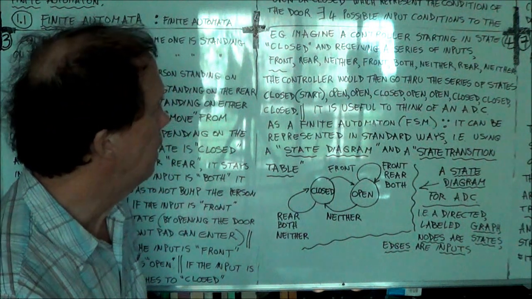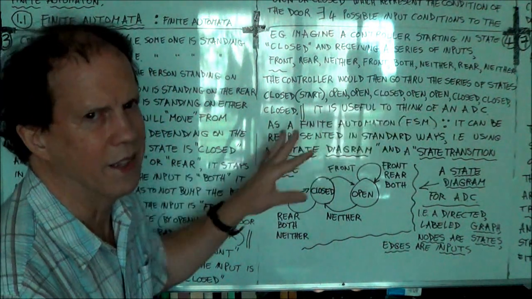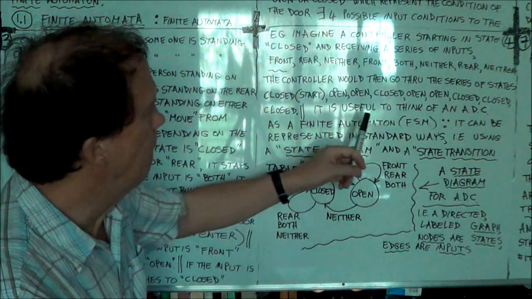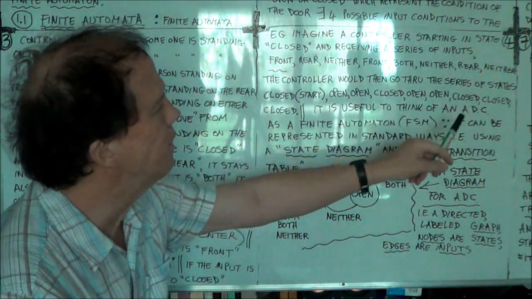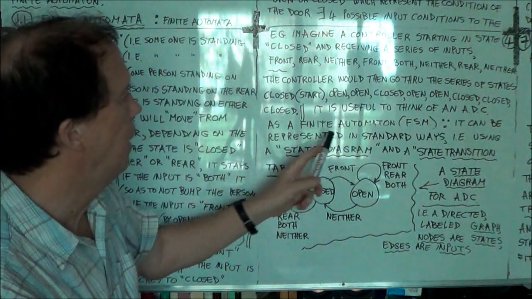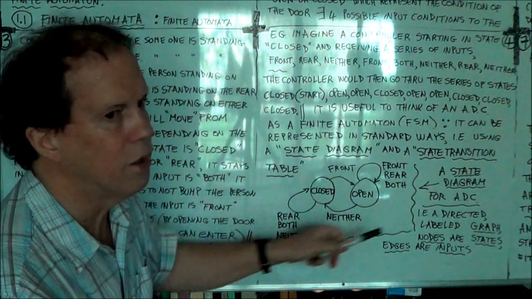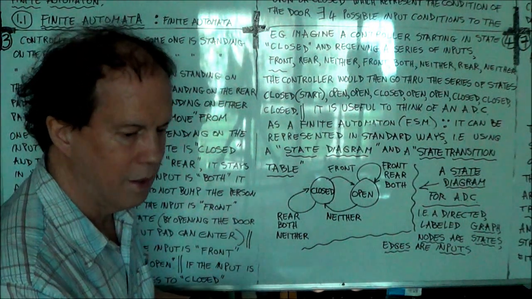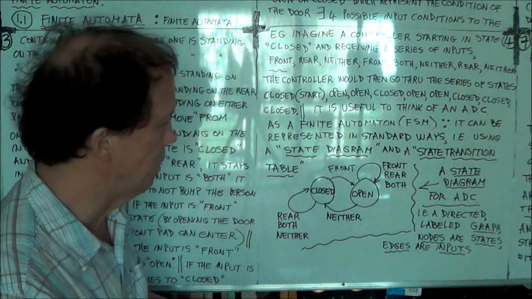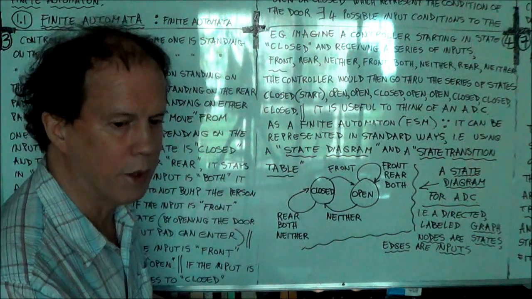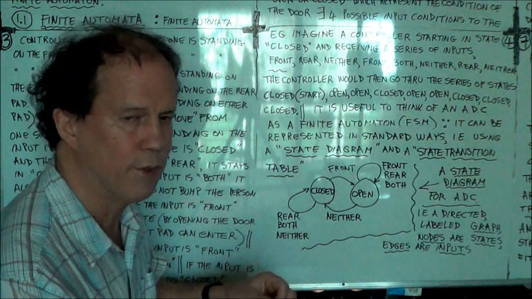Right? Now, you have a sort of vague idea of what an automaton is. So we're going to translate this automatic door controller into the terminology and labels of a finite automaton. So you're now starting to get a feel for what an automaton is in terms of its formal definition.